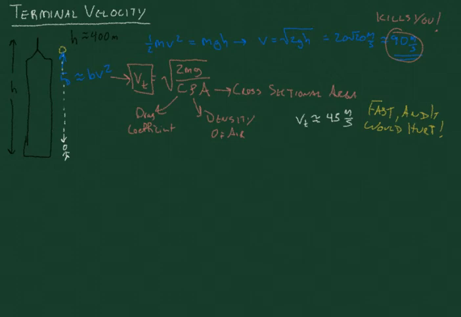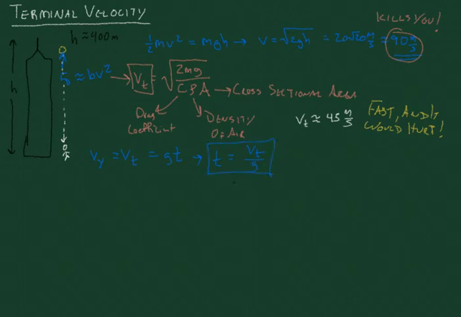But let's take a look at how long it would take the penny to reach terminal velocity in the first place. To do that, we can use our equations of motion again to say that vy, which we want to be the terminal velocity, is the initial vy, which was 0, plus gt. So the time to reach terminal velocity is just the terminal velocity over g.